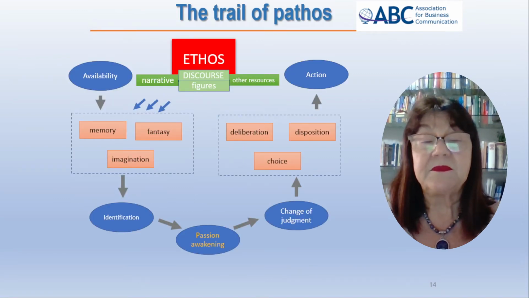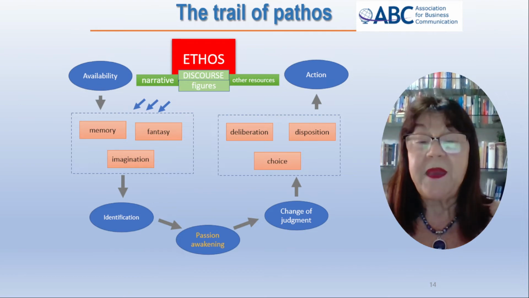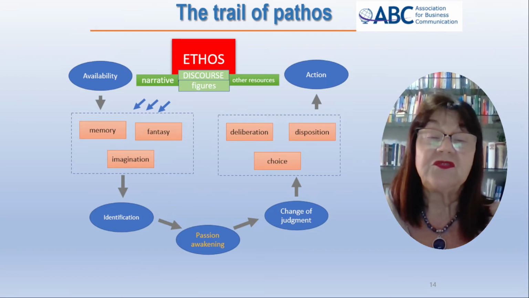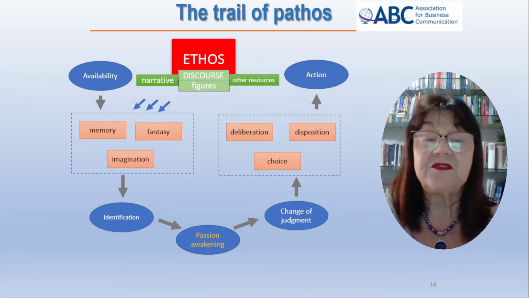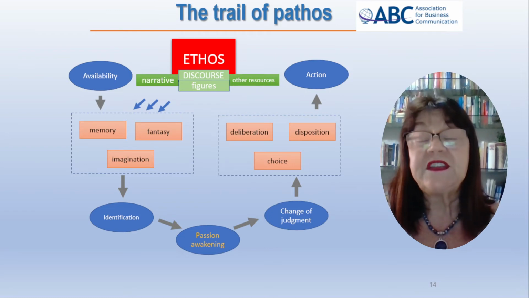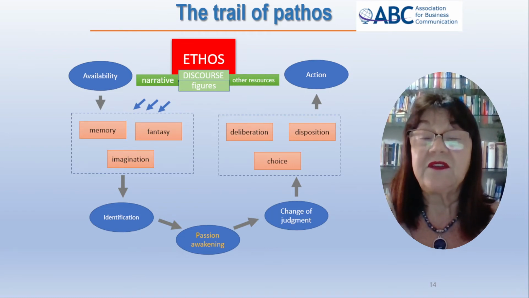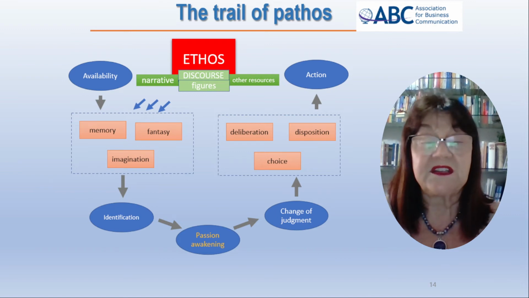Another scheme, more detailed, shows that availability triggers memory, fantasy, and imagination, paving the road for identification to show up. This is accomplished by the teacher's ethos via narratives, discourse, language figures, and other resources. Likewise, change of judgment triggers deliberation, choice, and disposition that lead to action.